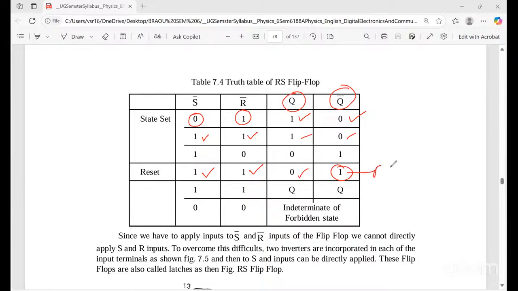This is reset. This is set, reset. Okay. Apply the condition at input. What do you have for the output values? We can easily identify.